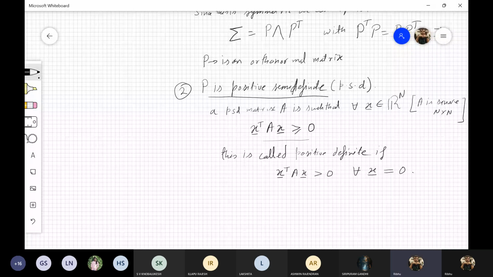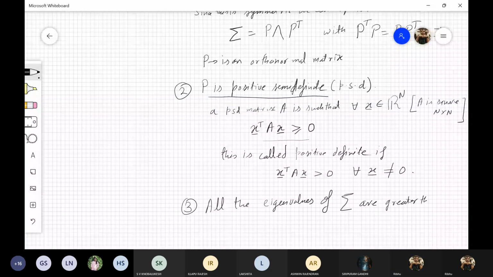And the third property is that all the eigenvalues of A, or rather of the covariance matrix sigma, are greater than or equal to 0.